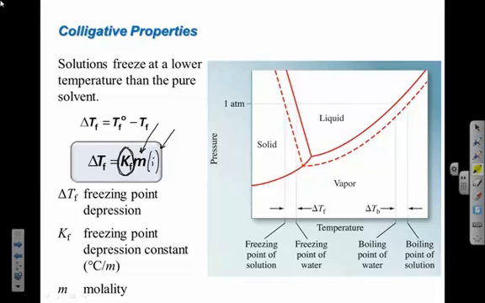So the normal boiling point is raised to a new, higher boiling point by adding a non-volatile solute. But the freezing point is lowered. The normal freezing point will be here. It's going to be lowered, so I get a lower freezing point necessary to cause something to organize and freeze when I've got these solute particles causing disorganization.